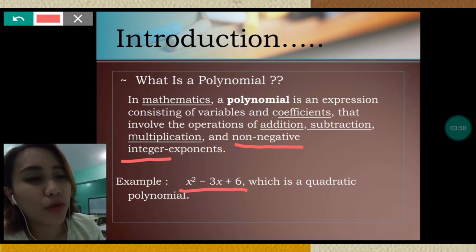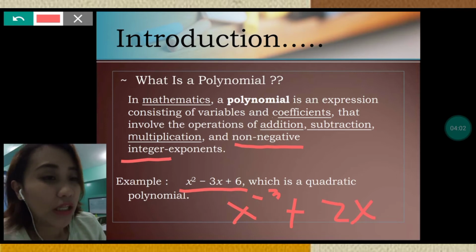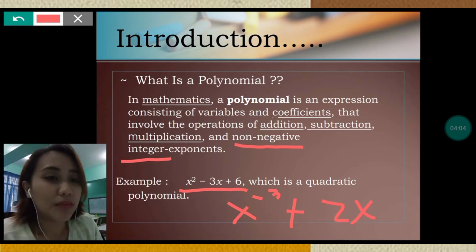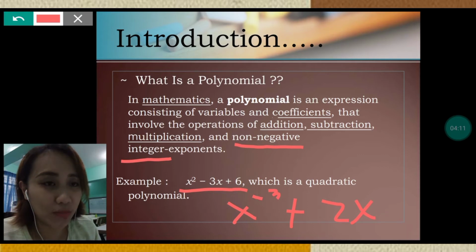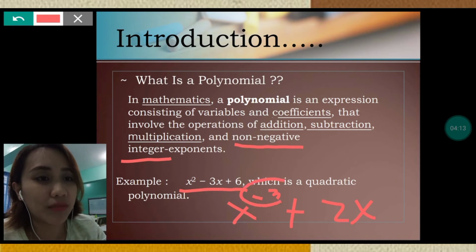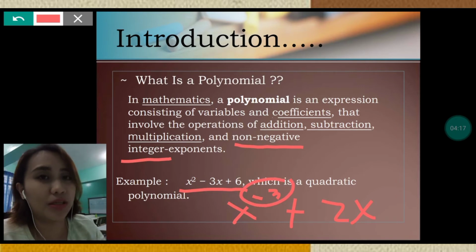So if you have, let's say, an expression x to the power of negative 3 plus 2x, that is not a polynomial because it does not satisfy the definition that it should have non-negative integer exponents, since negative 3 is a negative exponent.